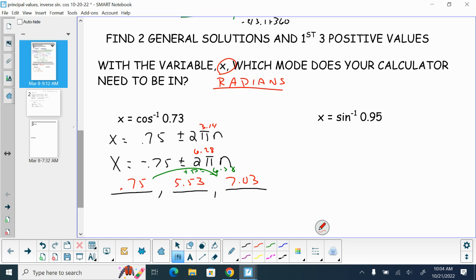All right, inverse sine. I'm still in the next world, so I'm still in radian mode. First value, clickety-clack, pull out of my calculator.